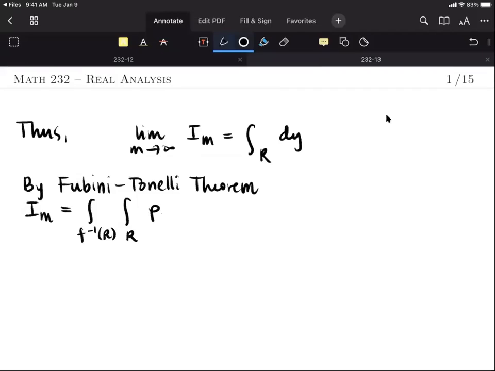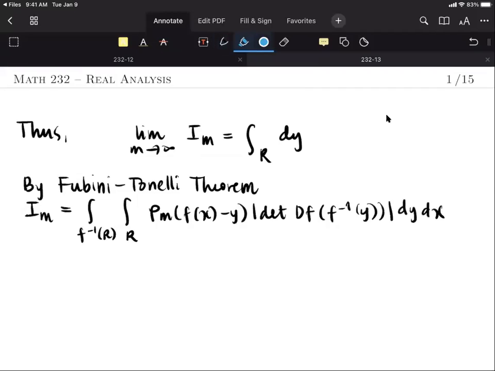So we now have rho m of f of x minus y times the absolute value of the determinant of df at f inverse of y, dy dx. So before we have dx dy, now we have dy dx. Let us simplify the notation for this.